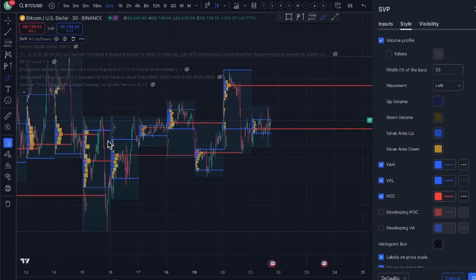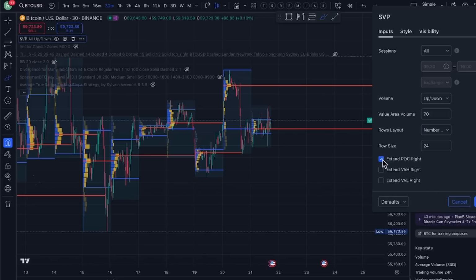Value area is that 1 sigma deviation that covers 68% of the fair value distribution about our median price, or in this case, we can say point of control. This red line, which you can see here. I remind you once again that we want our point of control to be extended to the right.